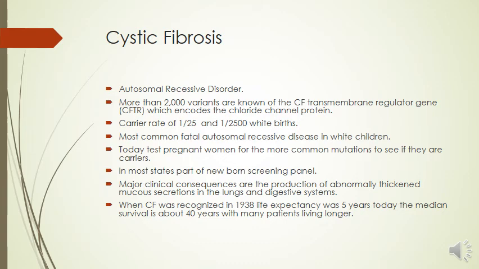When cystic fibrosis was recognized in 1938, the life expectancy was about 5 years. However, today the median survival is about 40 years, with many patients living longer. The major clinical consequences are the production of abnormally thickened mucus secretions, which are found in the lungs and in the digestive system. This is because the cystic fibrosis gene affects the ion channels that control chloride movement out of cells.